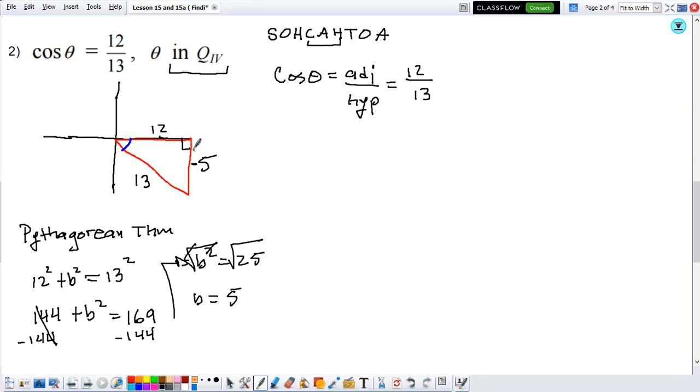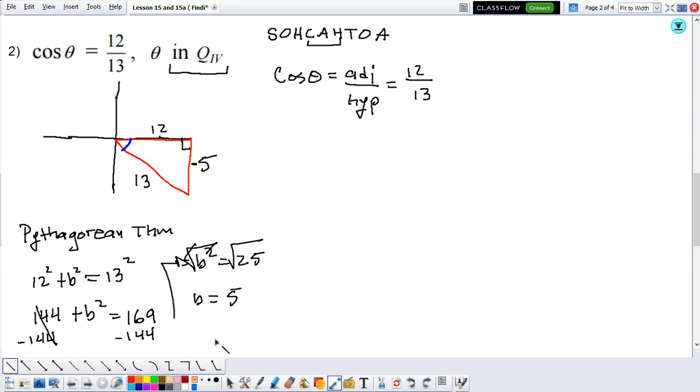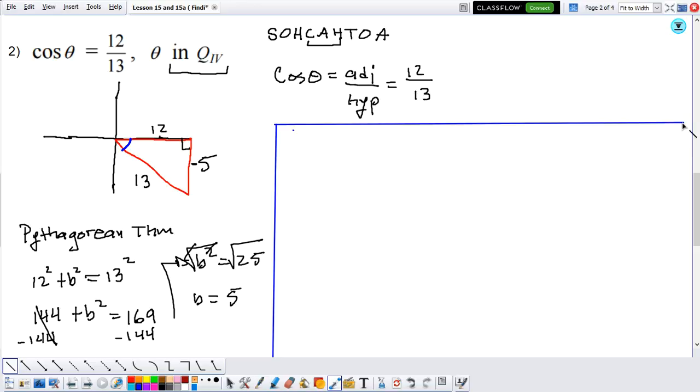That is because we know that the length is 5, but because we're talking about quadrant 4, your y's are negative. So that means that your value needs to be negative 5 here. So now we have enough info. Once you have the values for your whole triangle, then we can find the other missing functions.